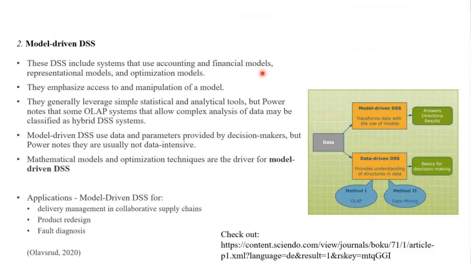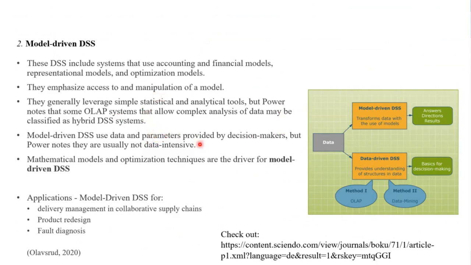So even though they work with data, what is in the background is using some model to make some decision, to optimize some process, or to understand your data. It's based on some kind of optimization model working in the background. And they also use statistical and analytics. Yeah, that's one of the important parts.